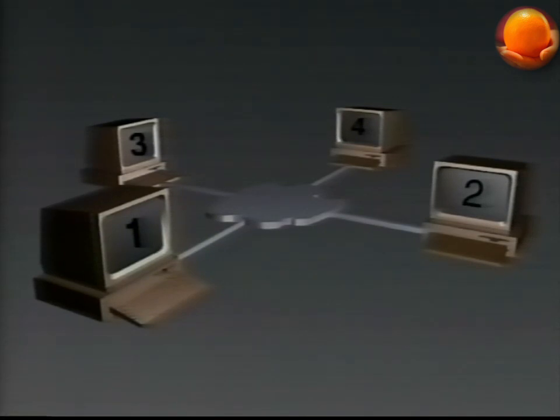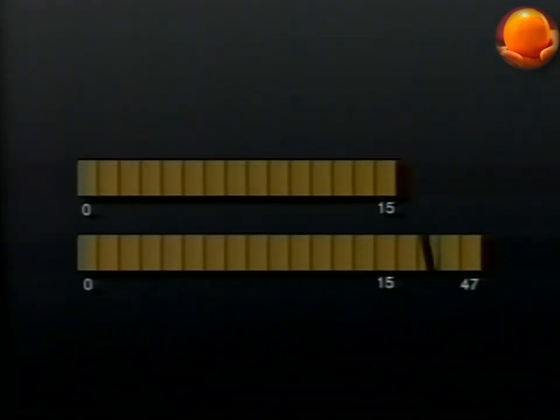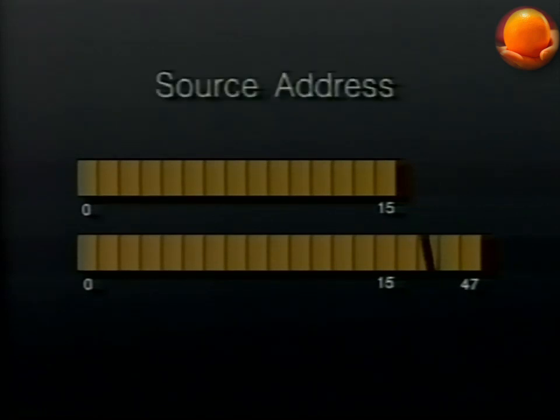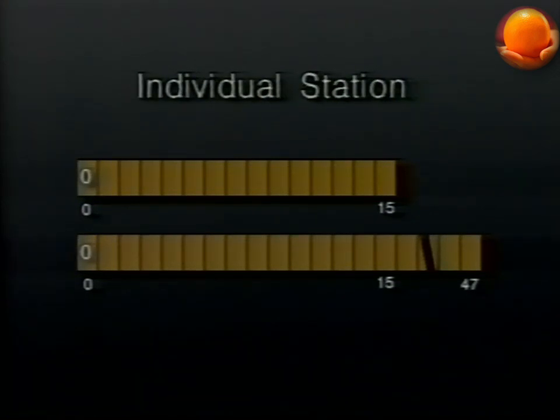Each station on the network must have an address that uniquely identifies it. Addresses can be either 16 bits or 48 bits in length. For a source address, the first bit of the station address is always 0. For a destination address, if the first bit of the address is 0, the address is for an individual station.